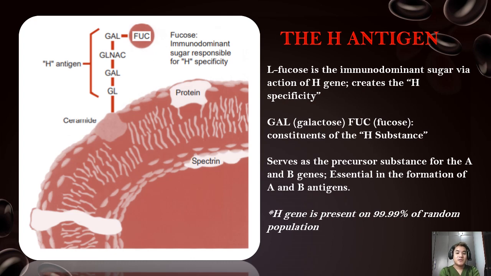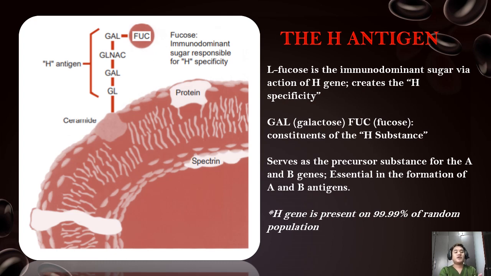Your galactose-fucose linkage is what we call your H substance, in which the immunodominant sugar on your H antigen is fucose, which now builds the H specificity. And that is your H gene. Okay, let's review.